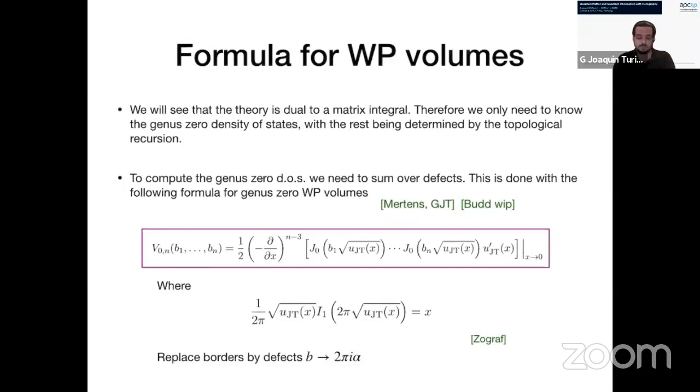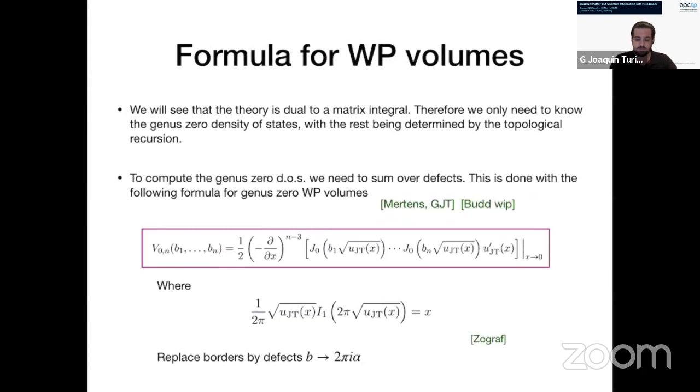So I was saying that to sum over defects, we need to know the formula for the Weil-Peterson volumes in the disk. With Thomas, we derived this formula. We did it from the physicist derivation from the minimal string, but apparently it can be derived from first principles. That's work in progress by Timothy Ball.